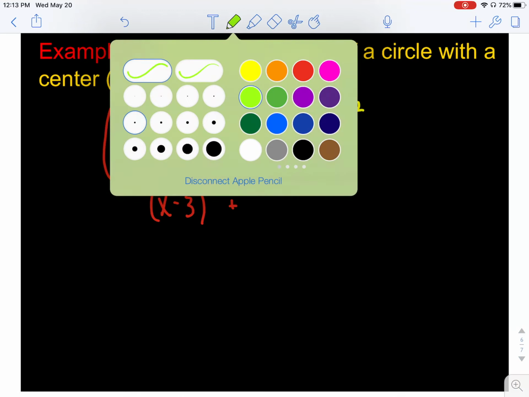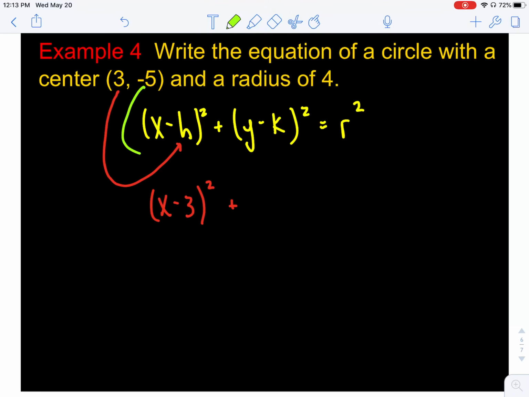If I have a -5 in for y in this case, it's going to end up in the equation being a y + 5. So it's opposite.